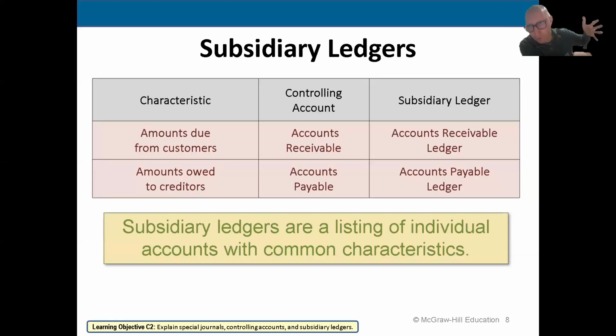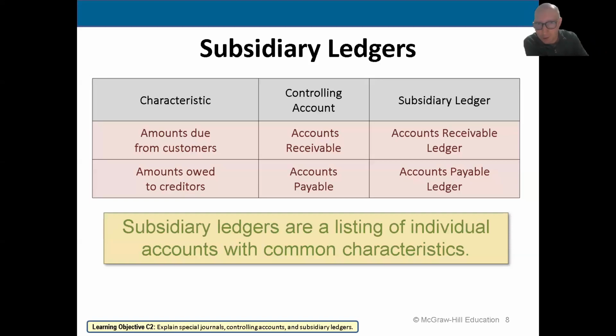If you add up all of those customers, we get the total amount of accounts receivable. Accounts receivable, again, is a general account that has the total amount that all of your customers owe you collectively. Within accounts receivable, we have subsidiary accounts, and that is the individual customers and the amounts that they owe you.